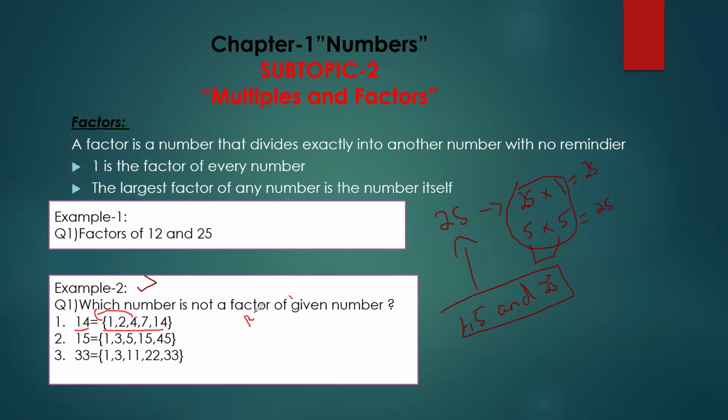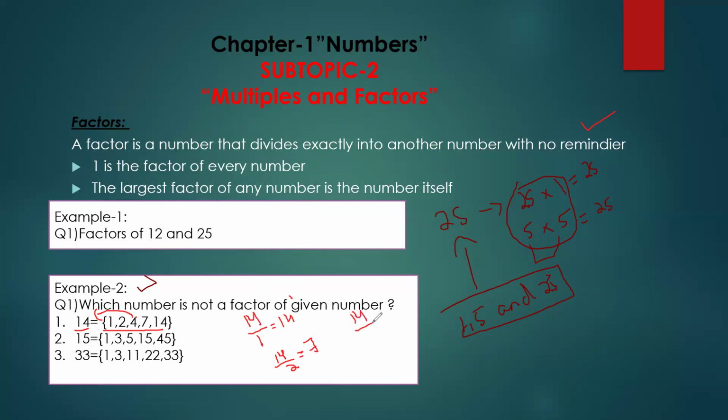Write 14 and divide by each number. 14 divided by 1 is 14. This means this is correct, because by definition a factor is a number that divides exactly into another number with no remainder. Okay, there should be no remainder. Now, the second number is 2. 14 divided by 2 is 7. Now, the third number is 4.